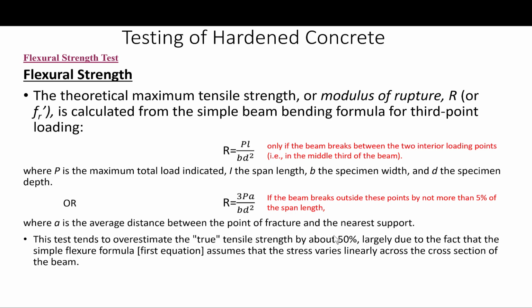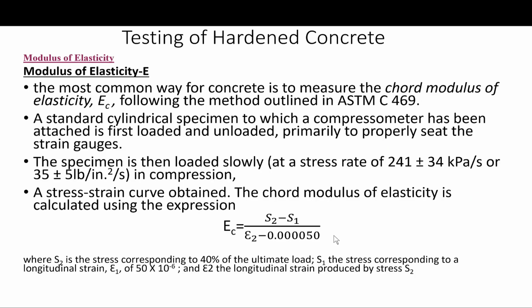And again, consistency when comparing the results and making sure our results are reproducible make us feel comfortable that the results we are getting are basically reasonable. So that's about the flexure test. Next topic is the modulus of elasticity.